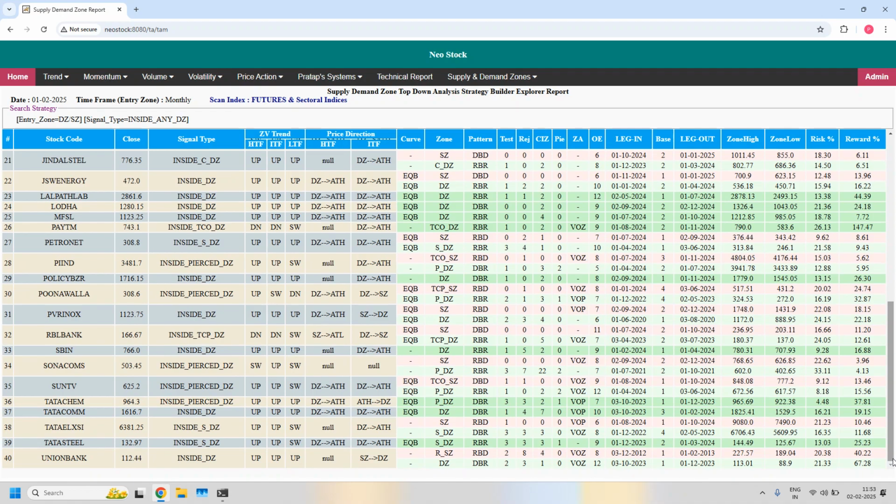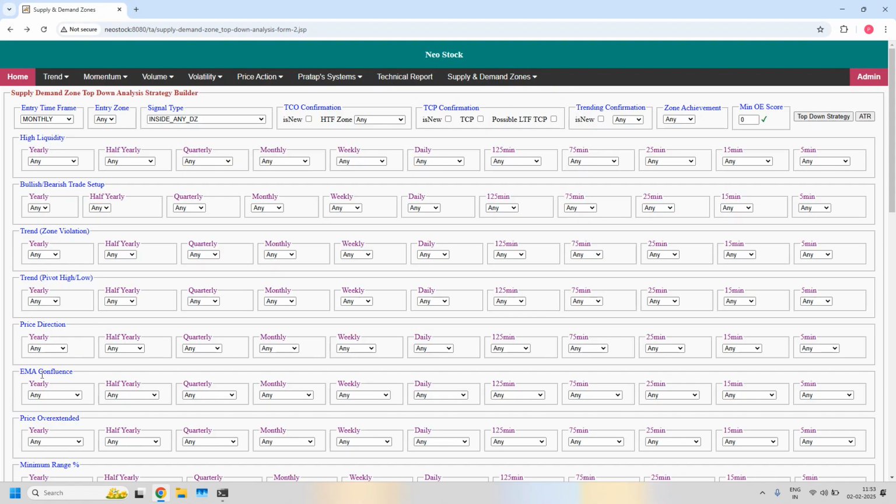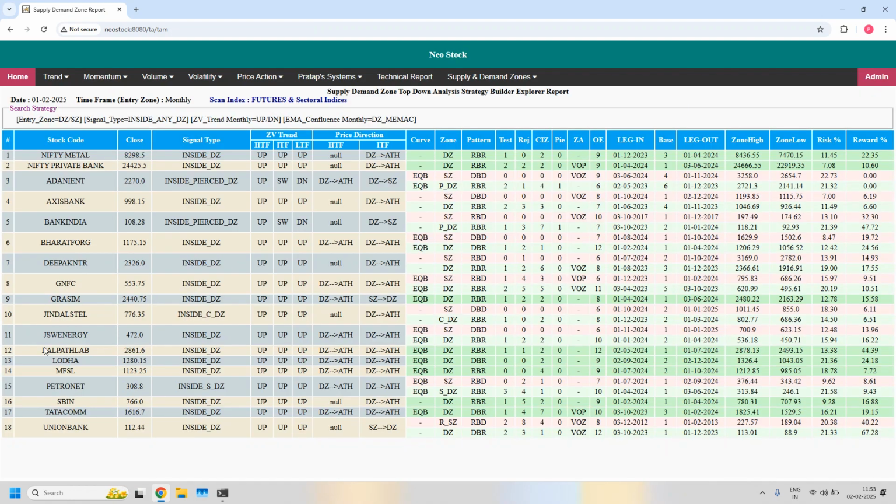We can further filter, excuse me, by setting demand zones, monthly demand zones having monthly EMA confluence. So in monthly time frame, I am setting the filter monthly demand zone having monthly EMA confluence. So when you set EMA confluence, the trend should not be sideways on monthly time frame. It can be up or down. Now the list has come down to 18 stocks from 40.